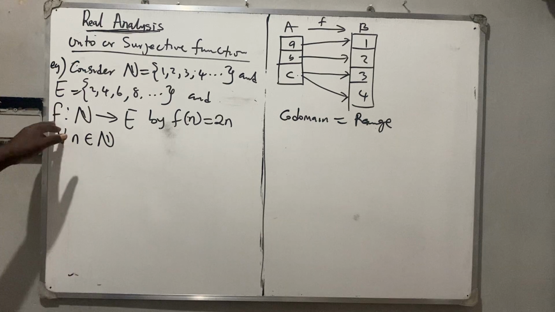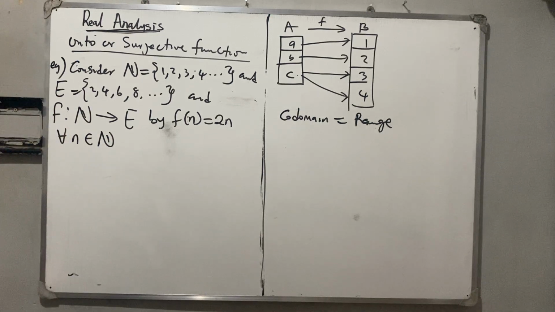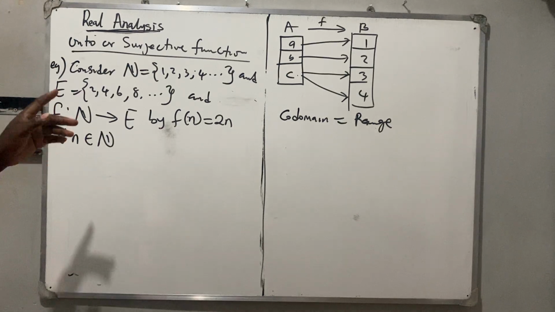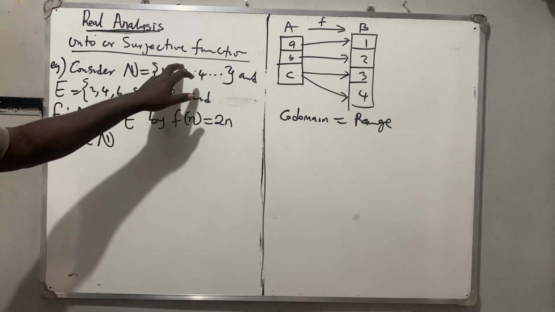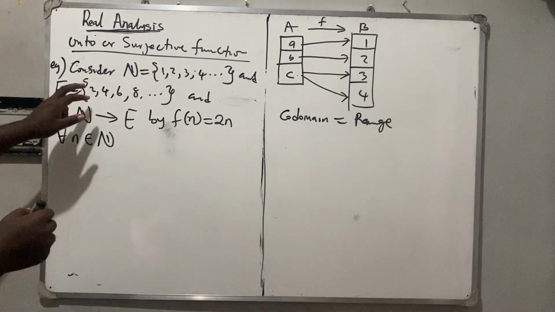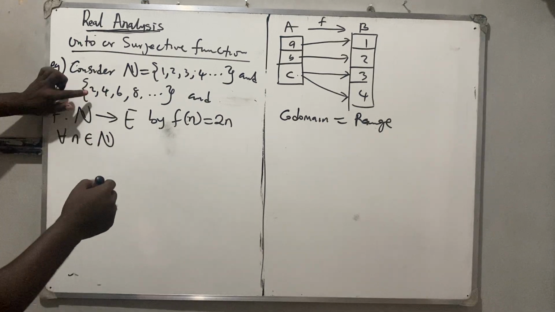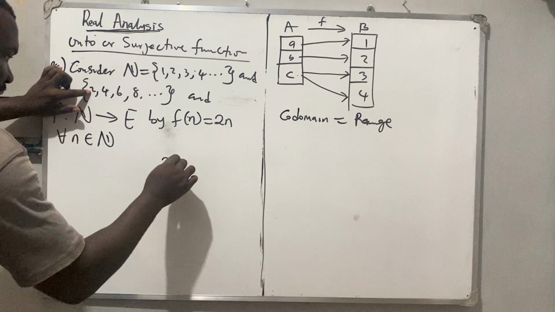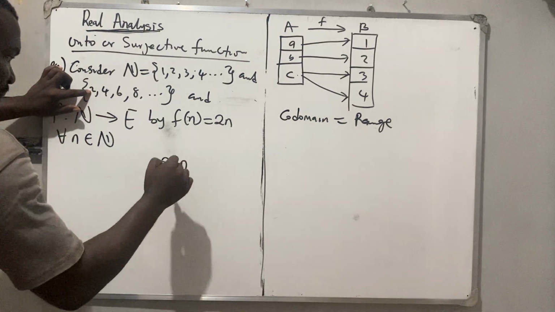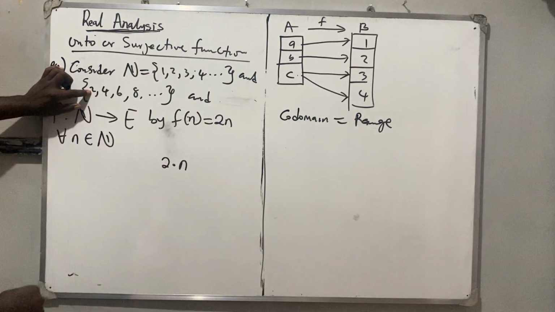That this function F is onto. Why? Because before we prove that, you will notice that any element you pick here is an image of somebody here. It's a must. In fact, any element you pick here, that element must be given as 2 multiplied by a number, and that number must be coming from here.